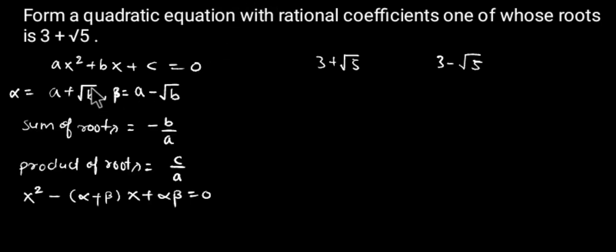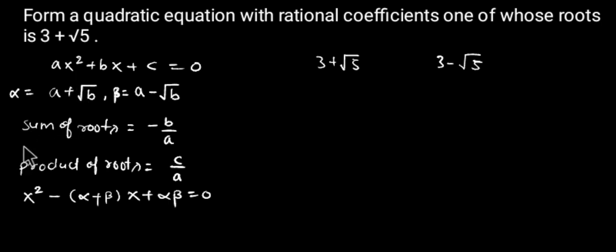Now we know the sum of the roots of any quadratic equation is minus b by a, where b is the coefficient of x and a is the coefficient of x square, and the product of the roots is c by a, where c is the constant term and a is the coefficient of x square.